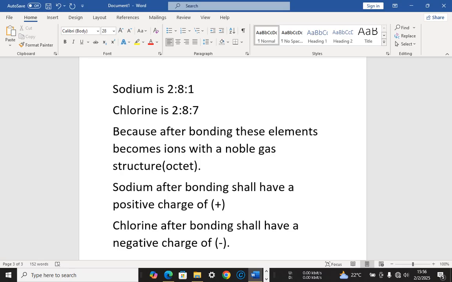Under ionic bonding, one of the shells of the metal will be lost, and the shells of the non-metal will be maintained, but they will gain an extra electron.